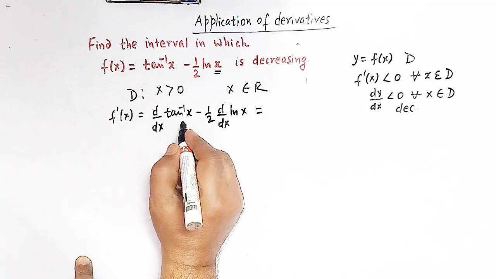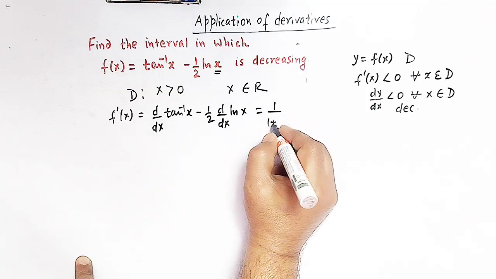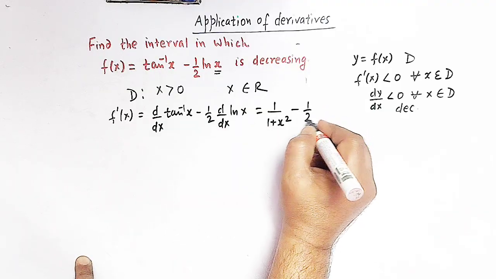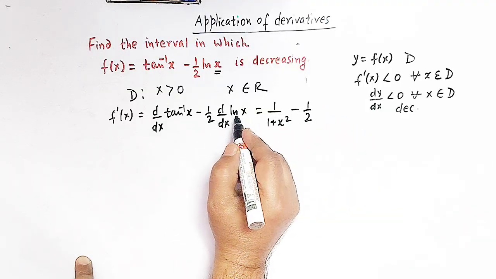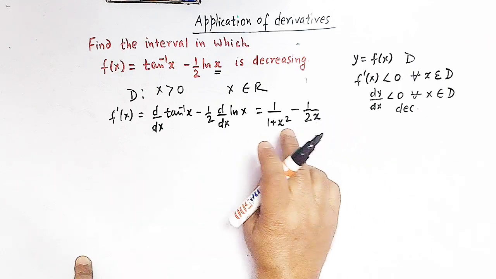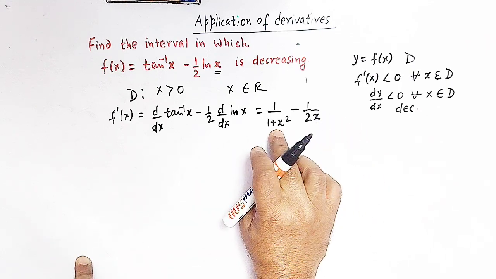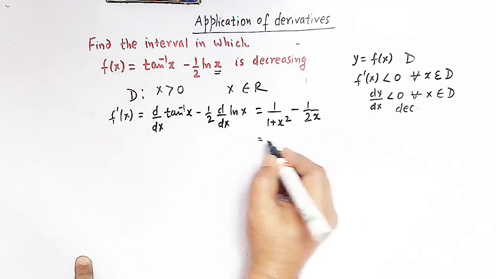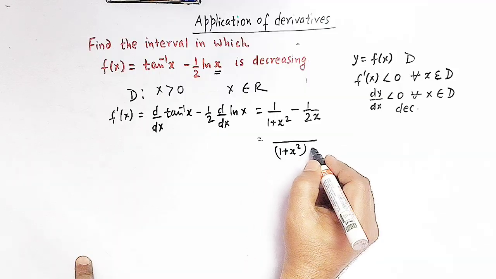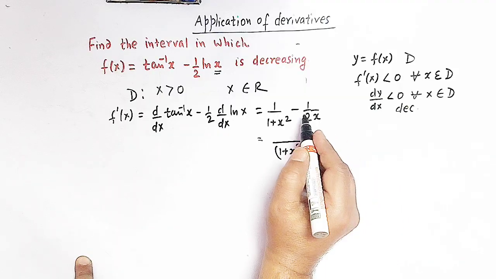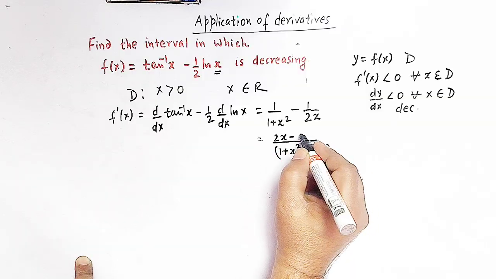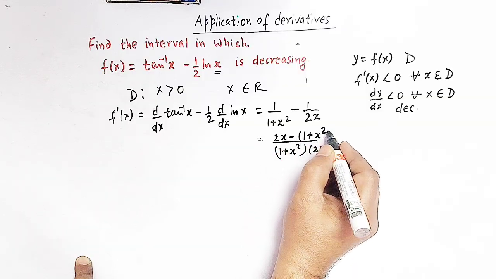The derivative of tan inverse x is 1 over 1 plus x square, and here we have minus half, and the derivative of log of x is 1 over x. Now let us simplify this expression. We can take 1 plus x square times 2x as the common denominator, and now taking the cross multiplication, here we have 2x minus 1 plus x square.